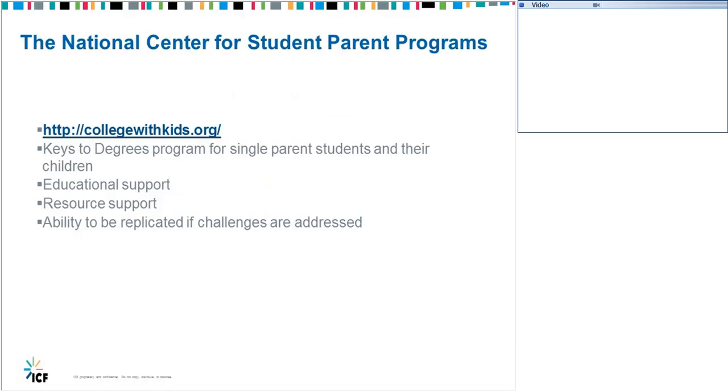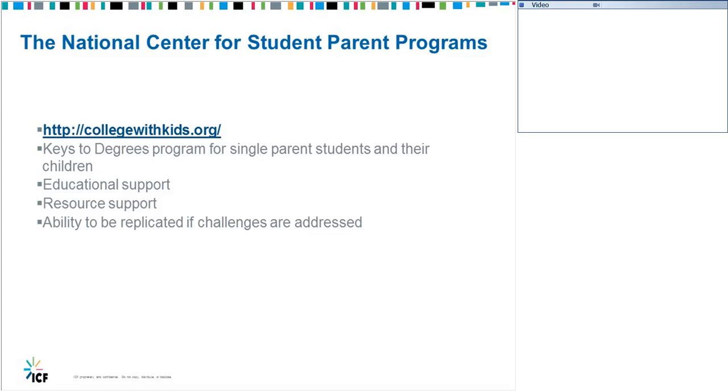Okay, so additional resources. I am going to talk about the SSRC, but first I did want to mention the National Center for Student Parent Programs. This was another recommendation from Jobs for the Future. They started a Keys for Degrees program to support single parent students with wraparound services for themselves and their children.